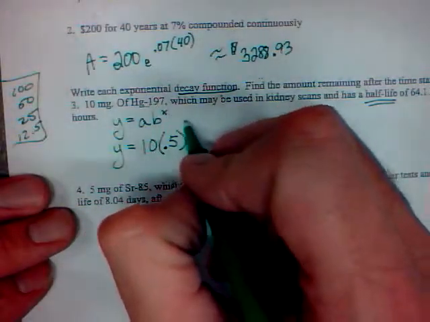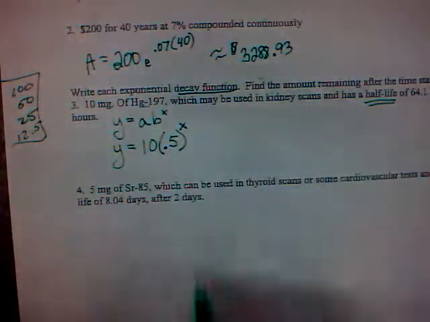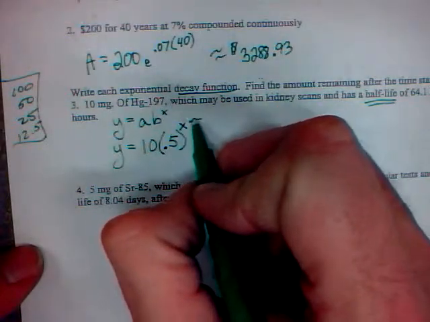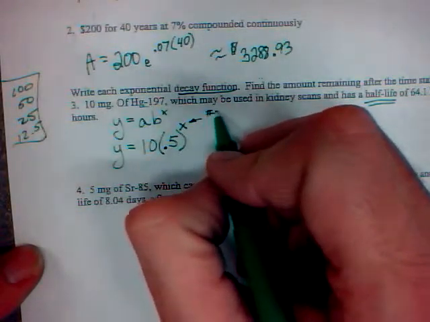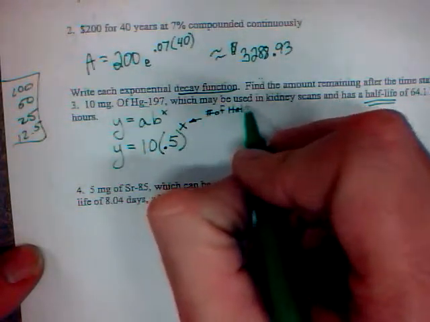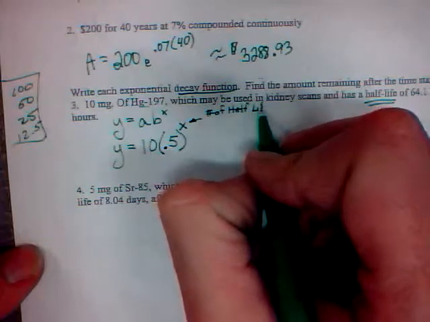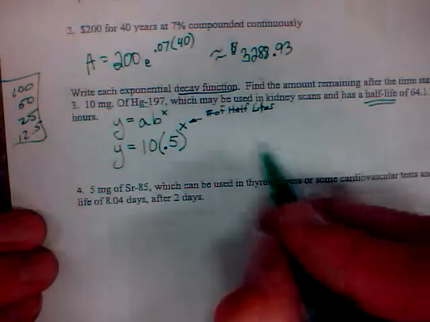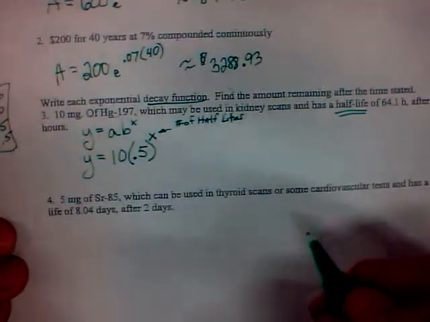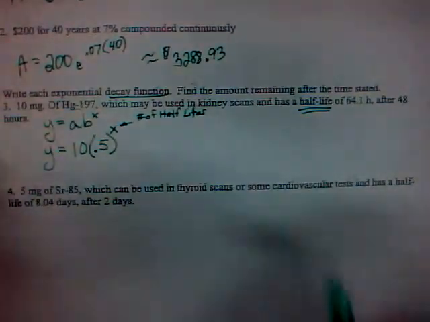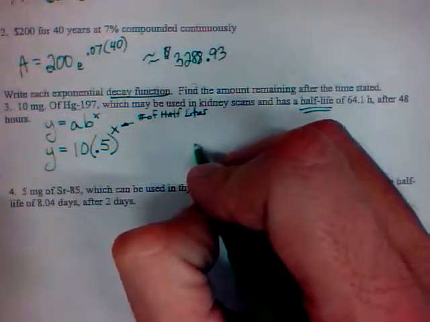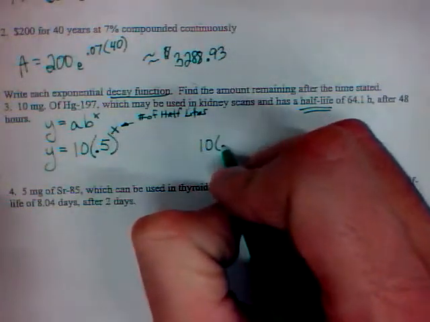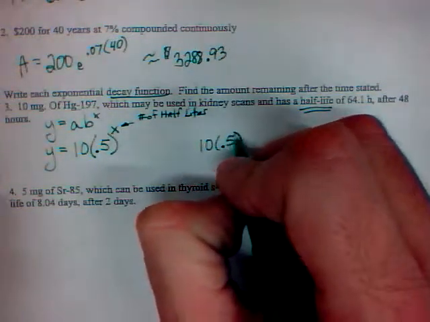And then that's going to be raised to the x power, and x is going to be the number of half-lives. So on this particular problem, we need to figure out how many half-lives we have. So we're going to have 10 times 0.5.